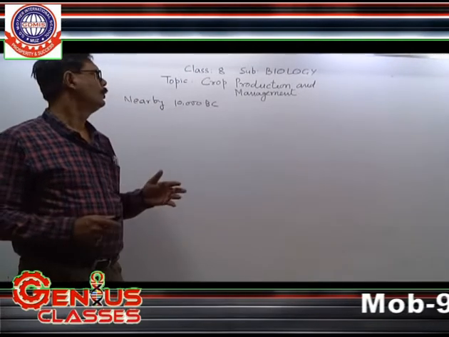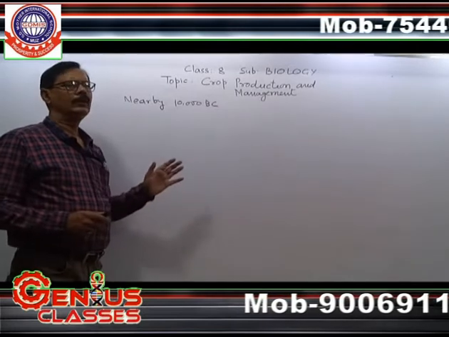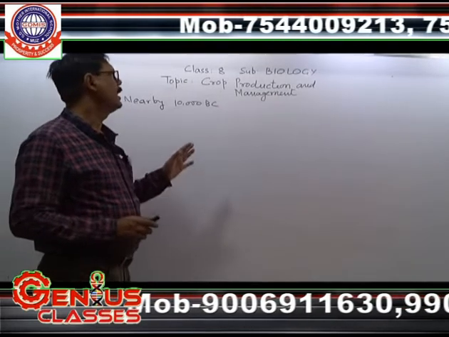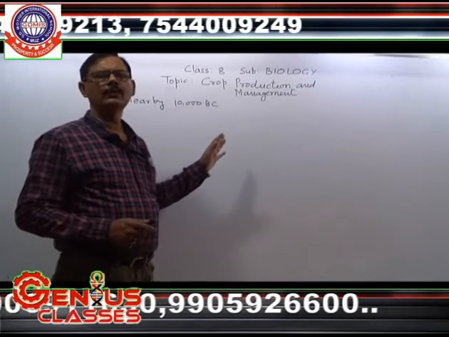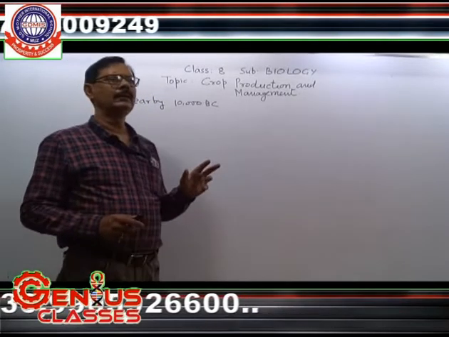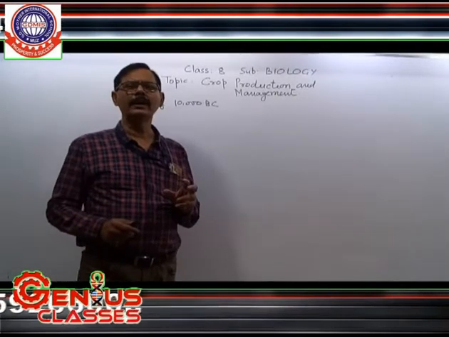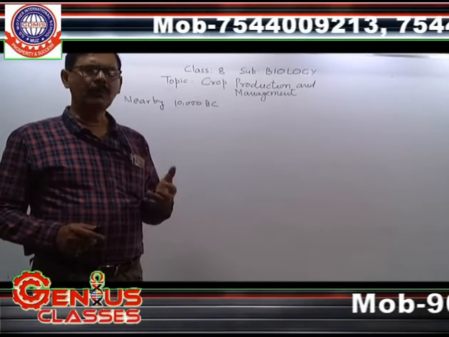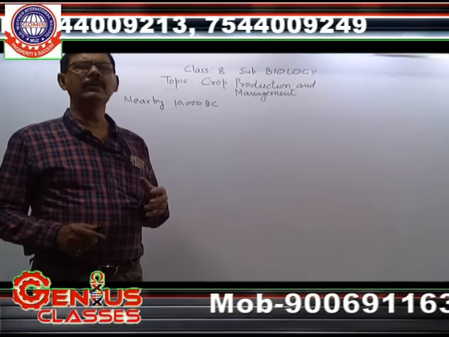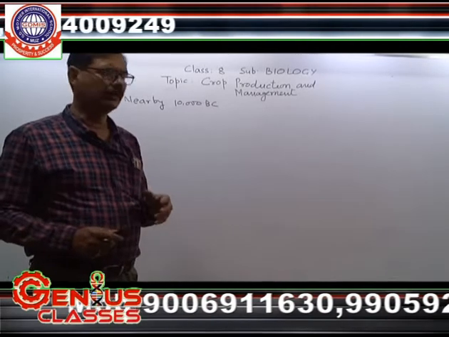That's why today we need to implement the scientific methods of crop production and its management as well, so that within the available resources we can have more and more crop production and thereafter the fulfillment of the requirements of our food.